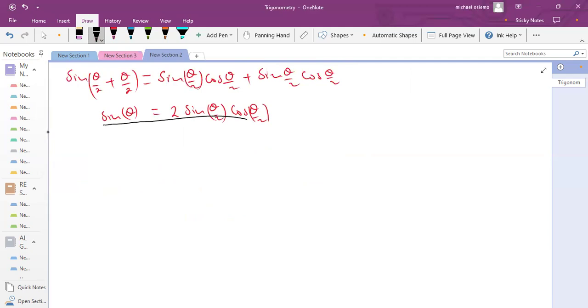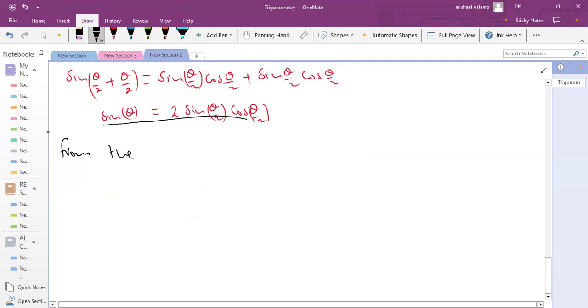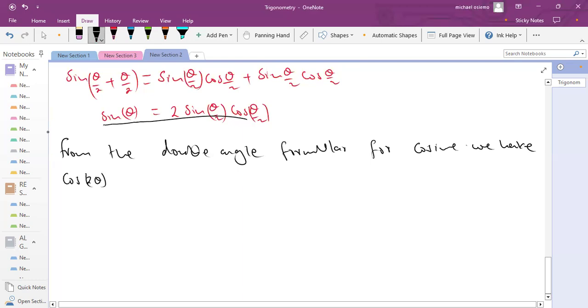From the double angle formula for cosine, we have cos 2 theta is equal to cos squared theta minus sine squared theta.